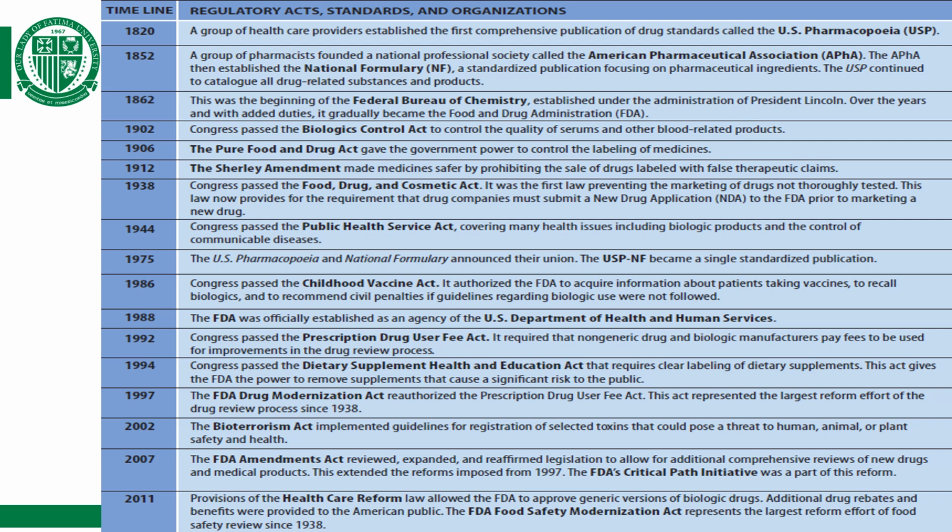This one is a chart of timeline during the 1800s, which recorded the beginning of the early concerns of people for the use of pharmaceutics or medications. So we'll be discussing some of them and help you understand the importance of history in pharmacology.